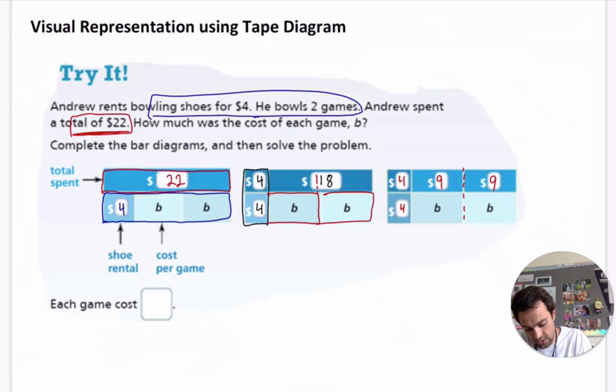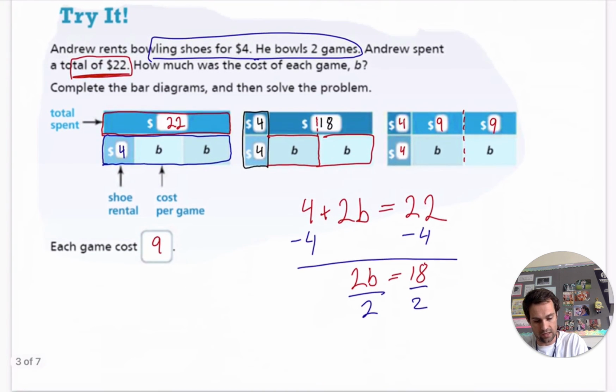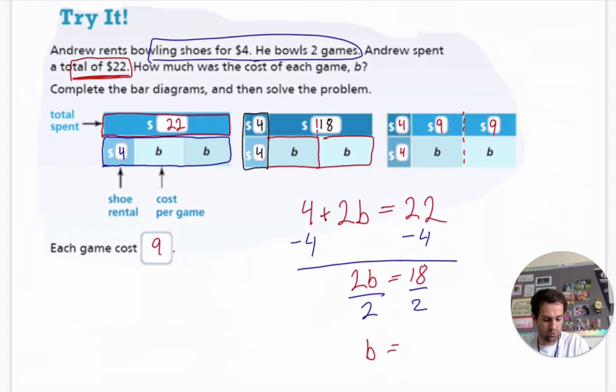So the cost of each game is 9. To look at this algebraically, we could write this out as 4 plus 2b equals 22. We subtract 4 from both sides. So we will have 2b equals 18. And then divide both sides by 2. So we have b is equal to 9.